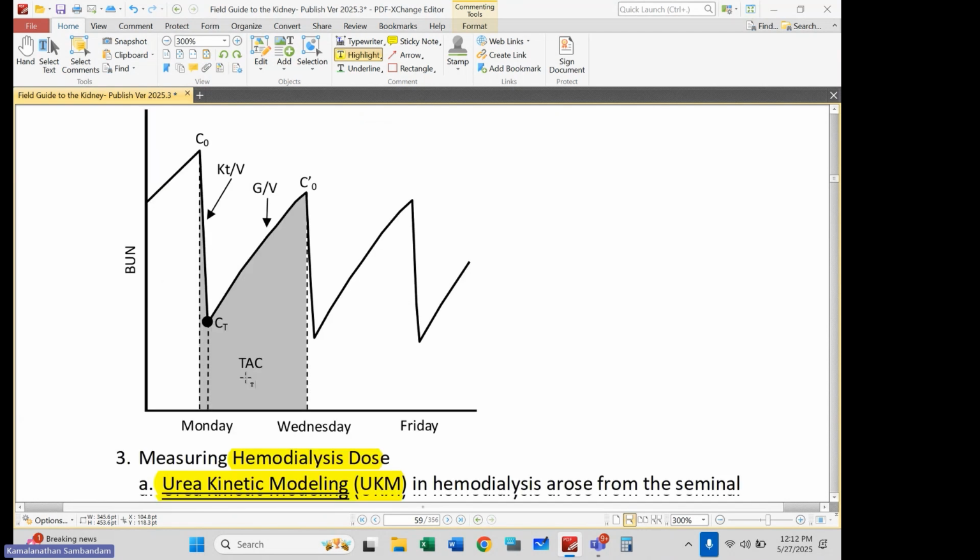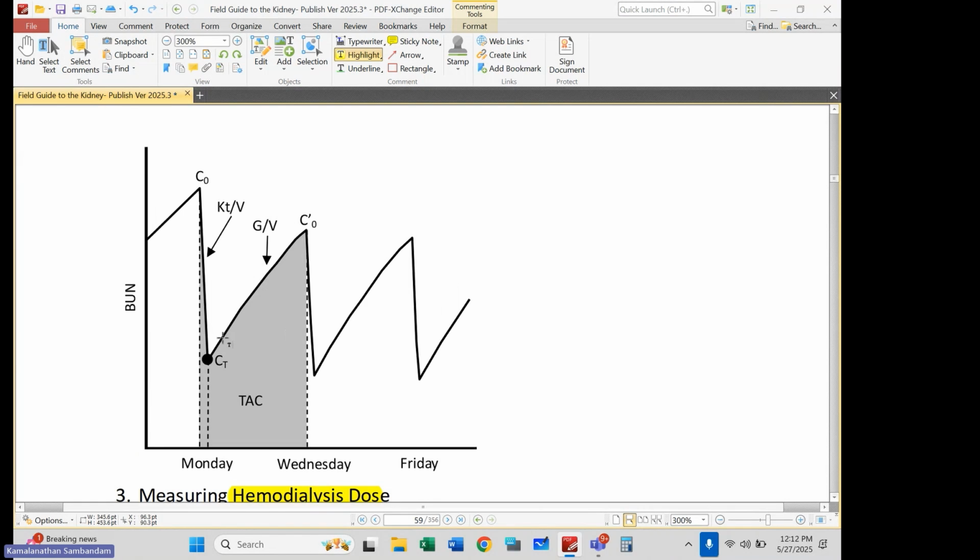Okay? In reality, we actually do not check 3 BUNs when you're doing urea kinetic modeling in the outpatient clinic. It really is a pre-BUN and post-BUN.